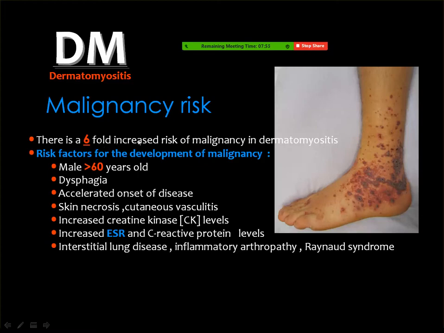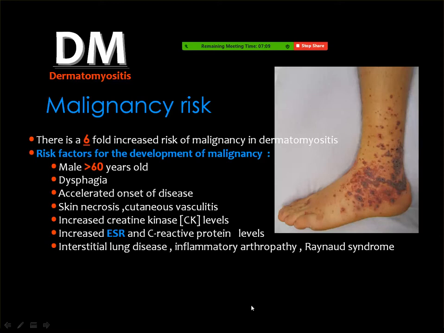There is a six-fold increased risk of malignancy in dermatomyositis, and the risk is evident whenever the patient is above 60 years, if he has dysphagia or accelerated onset of the disease or skin necrosis, like what you see here, where some parts of the skin are dead, and cutaneous vasculitis, and increased creatine kinase level, increased ESR and C-reactive protein level, interstitial lung disease, inflammatory arthropathy, and renal phenomena.